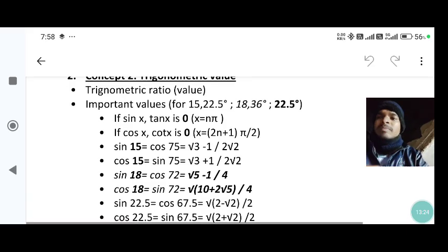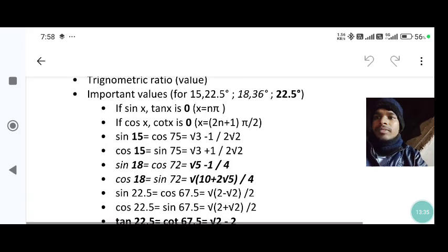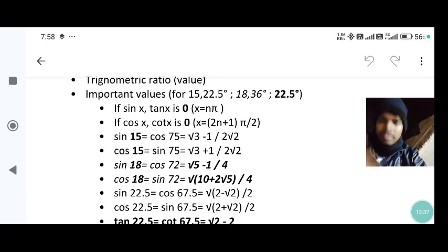Important values for 15 degree and 22.5 degree, 18 and 36 degree. There is an if and then relation. If sin x and tan x is 0, then x is n pi, and if tan x and cot x is 0, then x is 2n plus 1 pi by 2.